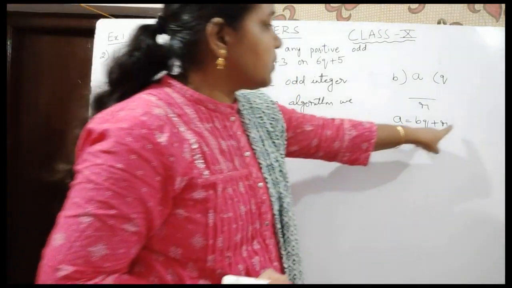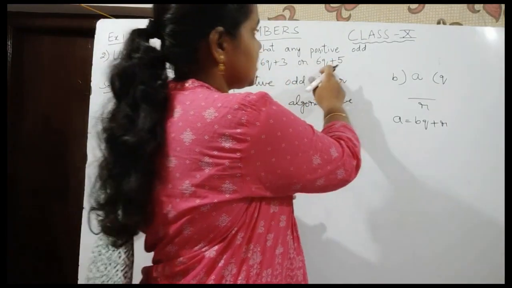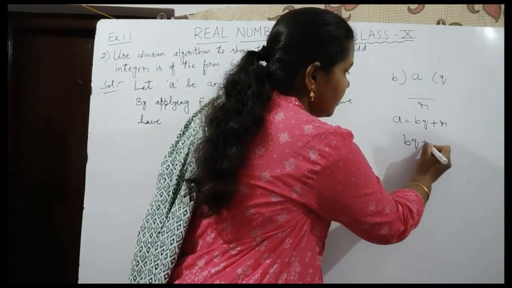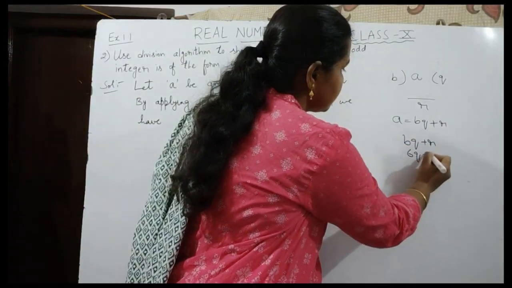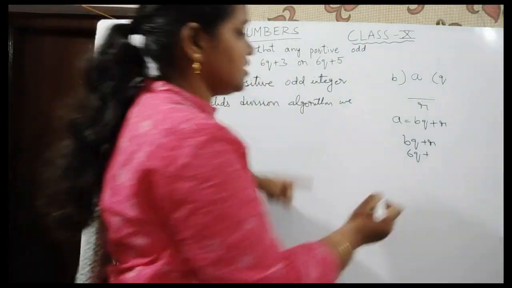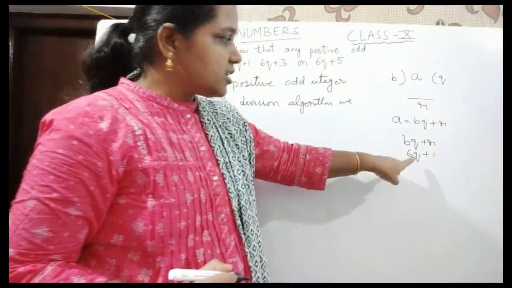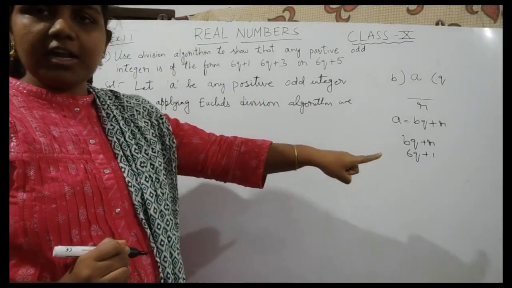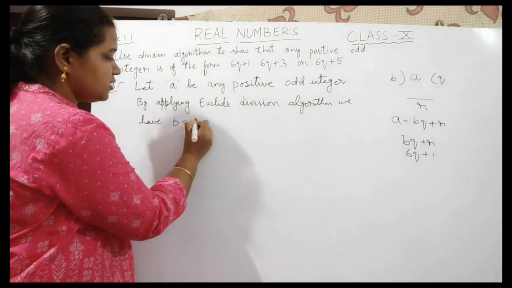Compare this bq plus r with 6q plus 1 or 6q plus 3 or 6q plus 5. Here the r value is changing, so 6q plus 1 or 3 or 5, anything. So when you compare, the b value will be 6. So we have b is equal to 6.